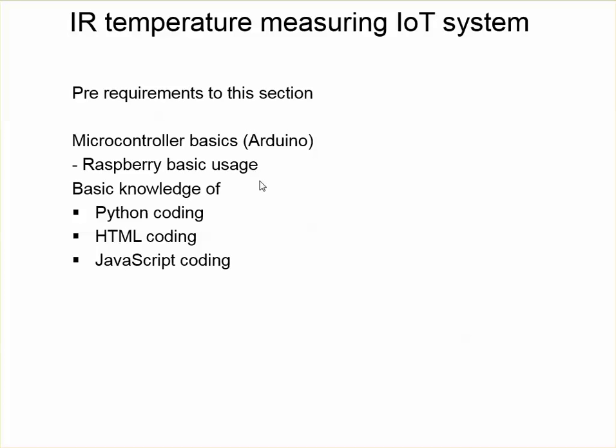You should also have some experience using a Raspberry Pi, because we are not going through the basic installation things. It is assumed that you know how the Raspberry Pi works and have used it at least a little. The Raspberry Pi main code is run in Python, so you should have some basic knowledge of Python coding.